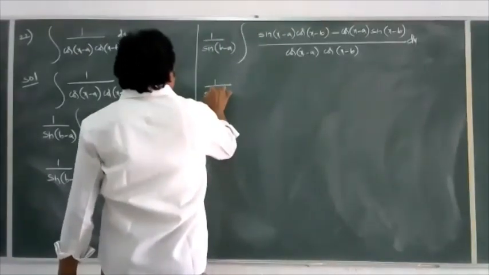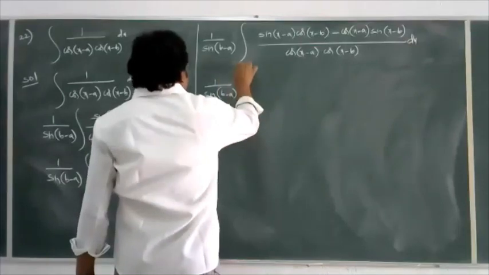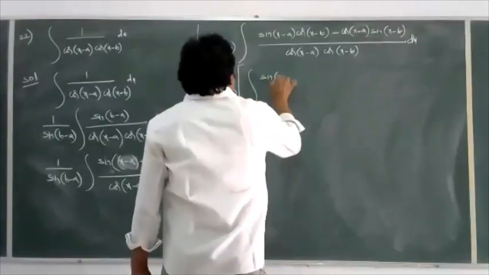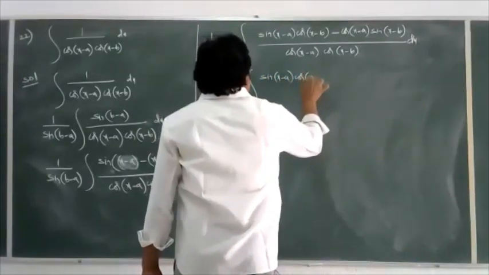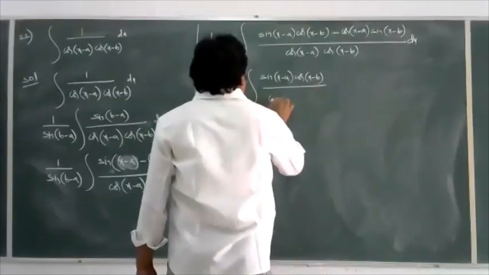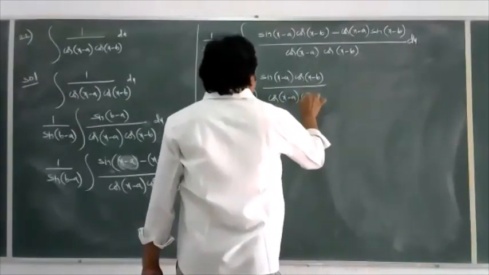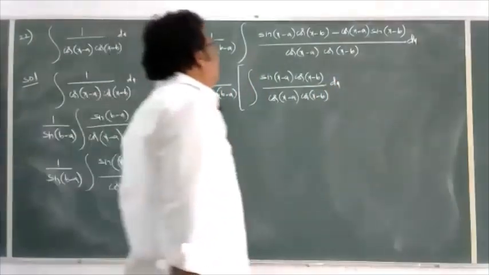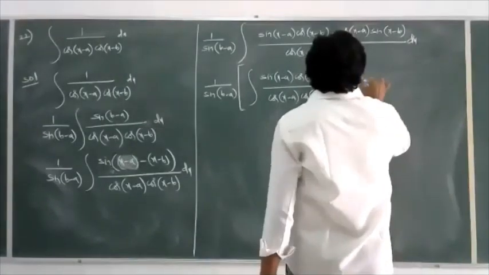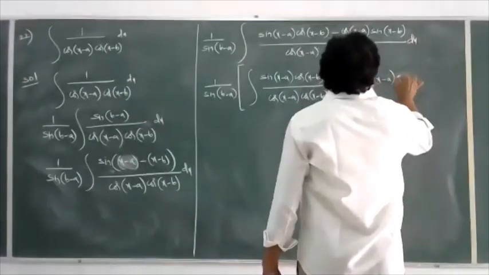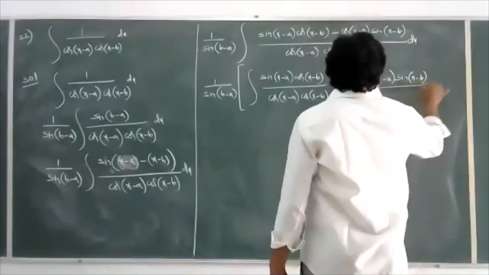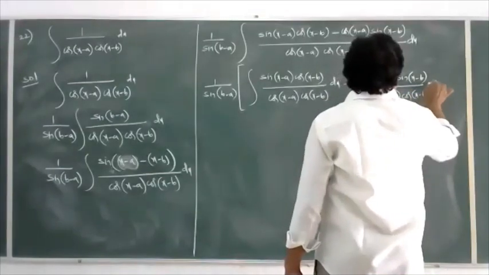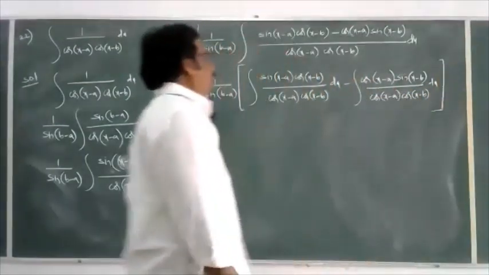That is 1 by sine of b minus a outside, into integral sine of x minus a into cos of x minus b by cos of x minus a into cos of x minus b dx is one integral, minus integral cos of x minus a into sine of x minus b by cos of x minus a into cos of x minus b dx is the second integral.